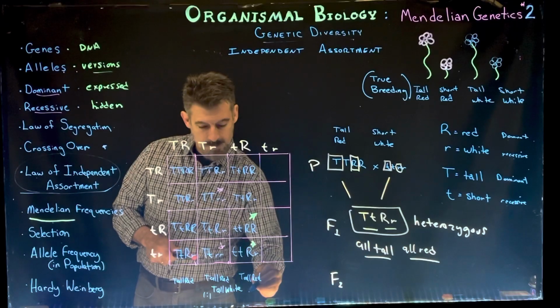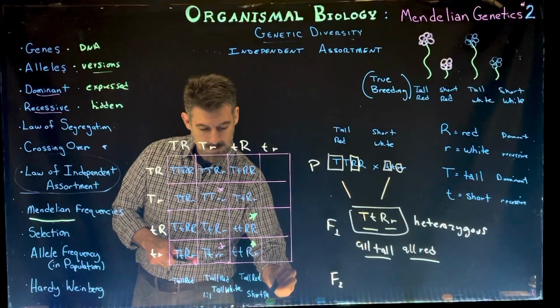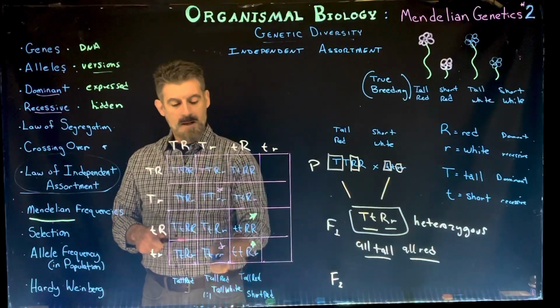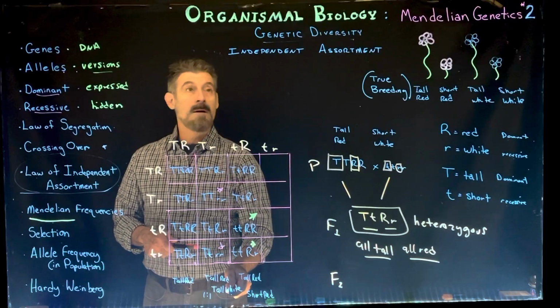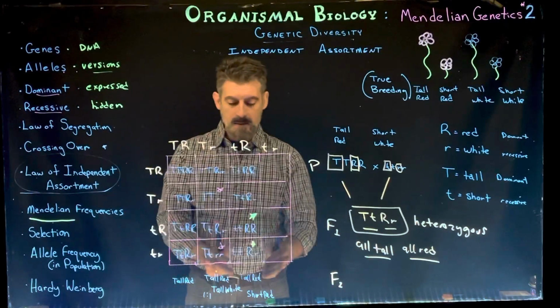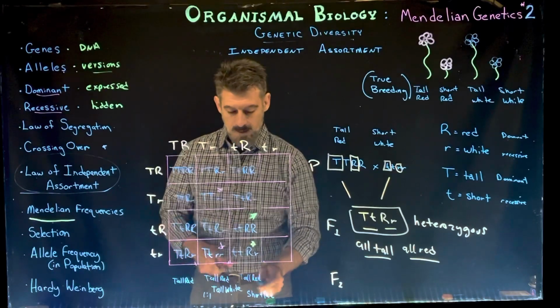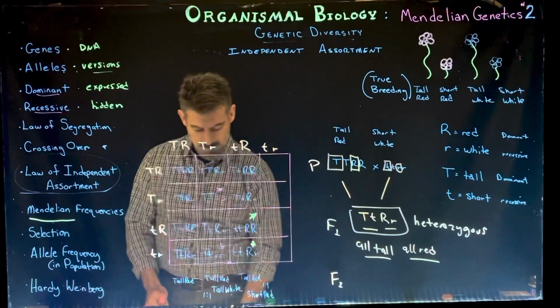But now we're also going to see some short red. So in this particular case, the recessive for the color appears in this column here, and the recessive for the height appears in this column. And it's the same thing, it's 50-50, or a 1-to-1 ratio.